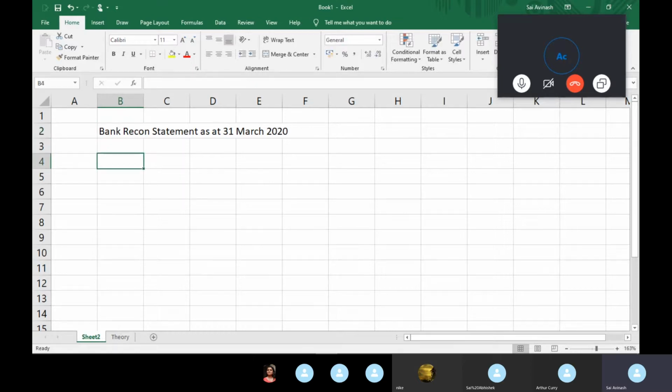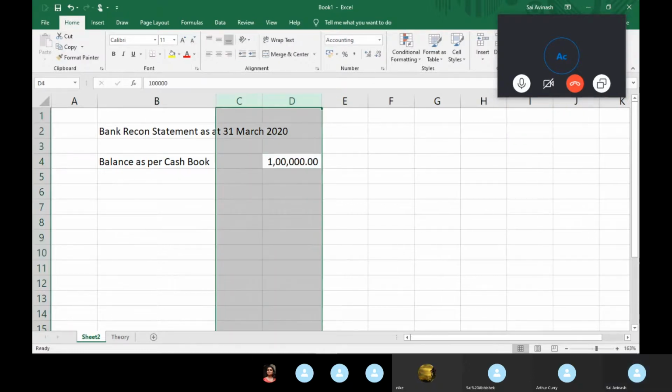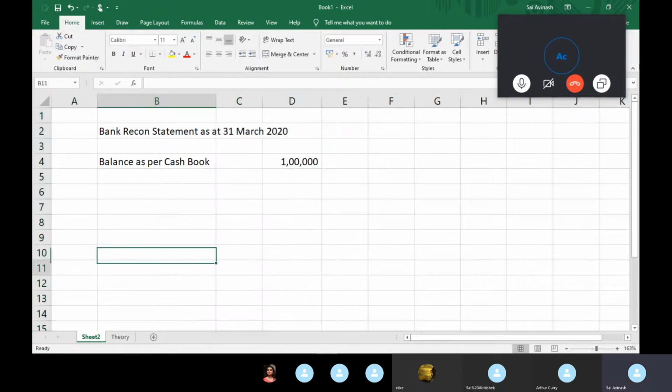First, you will start with the balance as per cash book. Let's say that the balance as per cash book is 1 lakh. And let's say we have a bunch of adjustments where we add numbers and we subtract numbers.